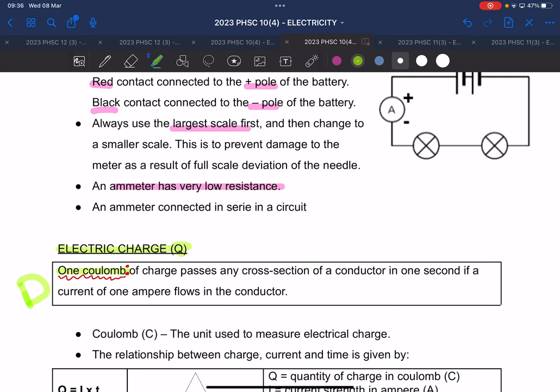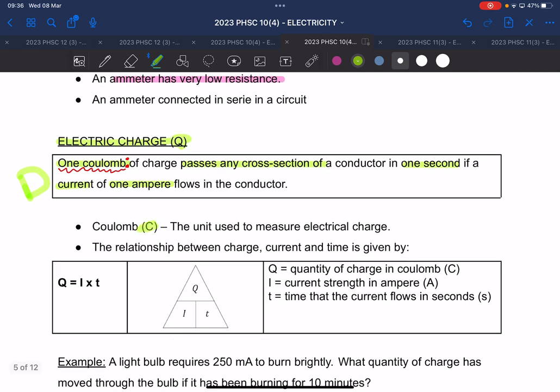If we have 1 coulomb of charge, it passes any cross section, so any part in a conductor, in 1 second, if the current is 1 ampere. This is a very weird definition, but they do ask it. So you just need to know: if the current is 1 ampere, then it's 1 coulomb of charge past a point in 1 second. We measure charge in coulomb.